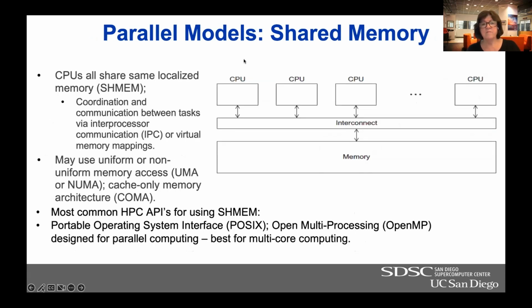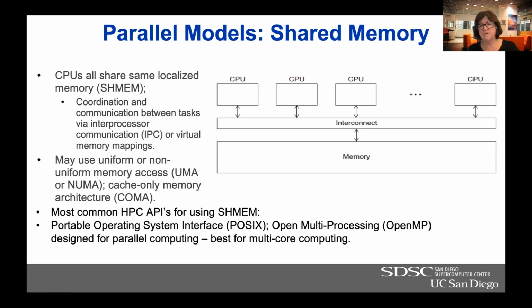The other model, though, is what we call shared memory, where these would represent cores, for example, on one of the AMD EPYC nodes, where we have 128 cores. They're still running independently and in parallel in most cases, but they have a high-speed interconnection network that allows them all to access memory that's right there on that node. And so you have less contention, and it's a lot faster to move your data around.